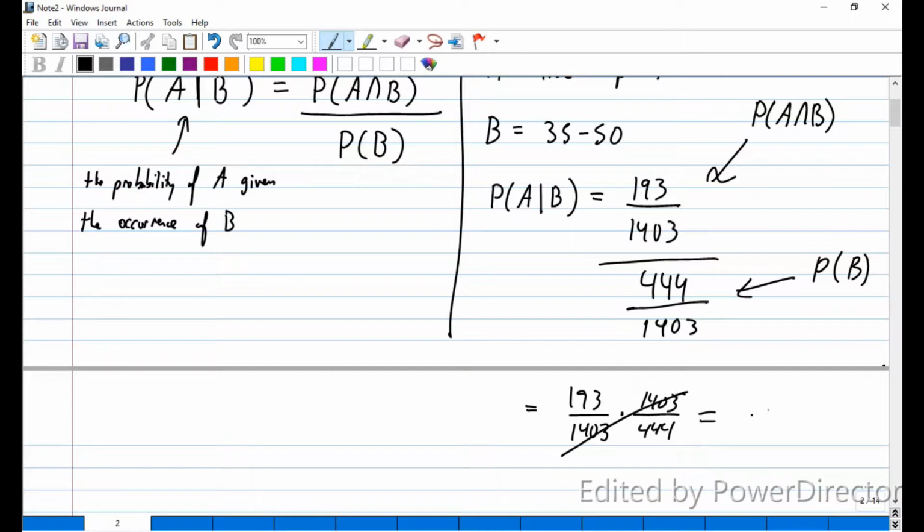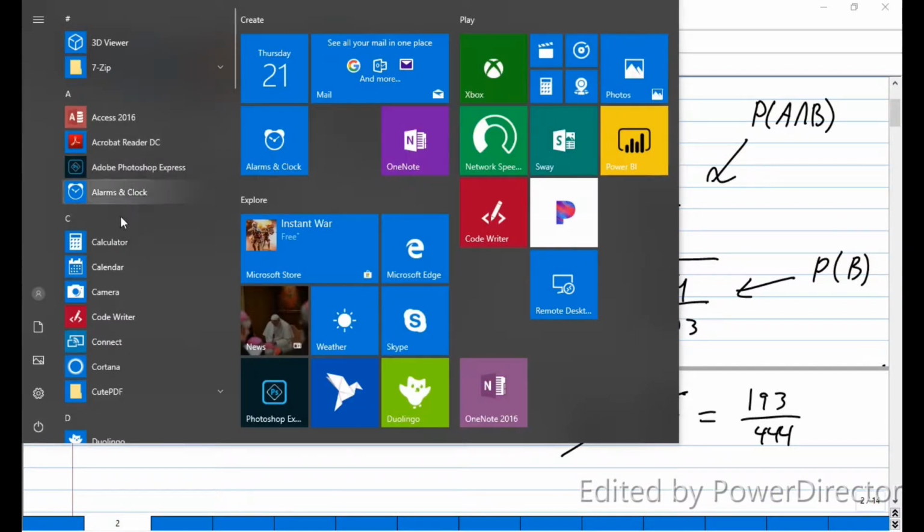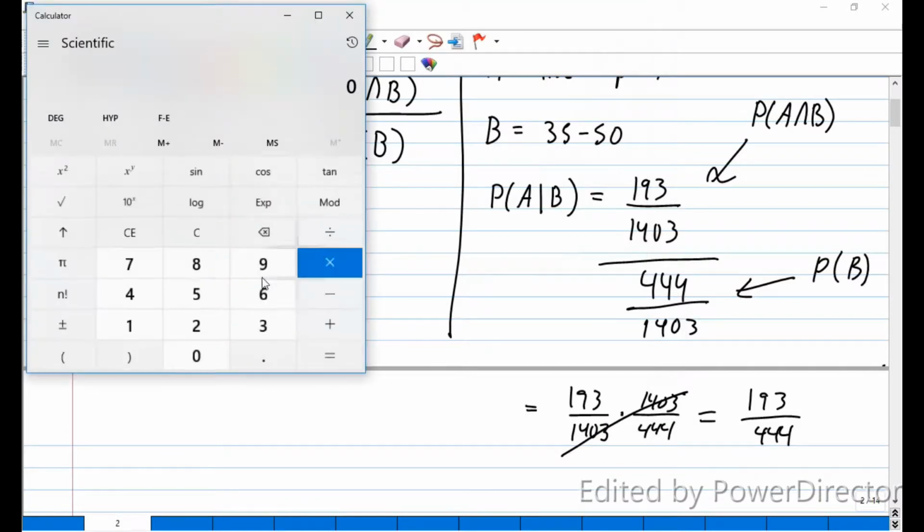That would cancel out, and I would be left with 193 over 444. If I was to divide that in a calculator, 193 divided by 444, I could get a decimal. You could round that to however many places it asks you to. It's about 0.43.